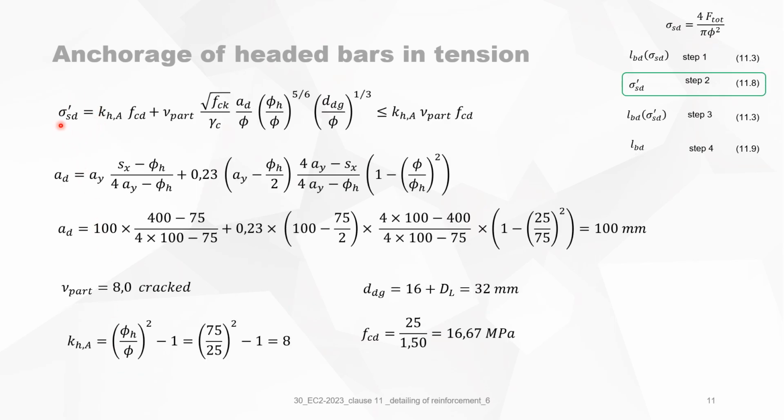Then we calculate sigma accent SD, that's the resistance of the head, or the tensile stress at the head. We've seen this formula, we fill it in: we have 100 millimeters, and it's cracked, so nu partial is 8, DDG stays at 32 millimeters, the factor KHA is 8, and FCD is 25 divided by 1.5, which is 16.7 megapascal.